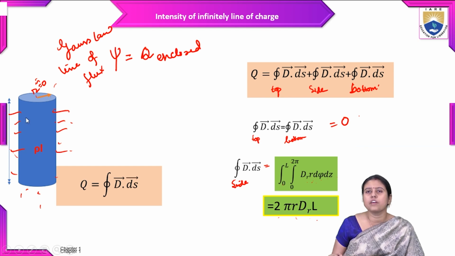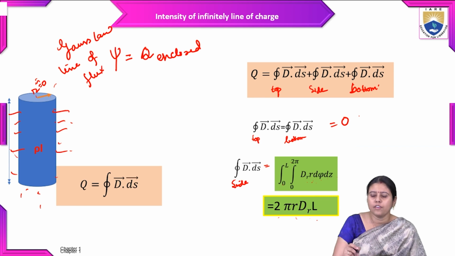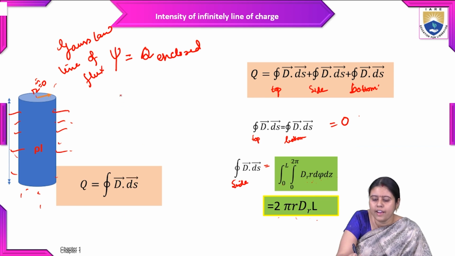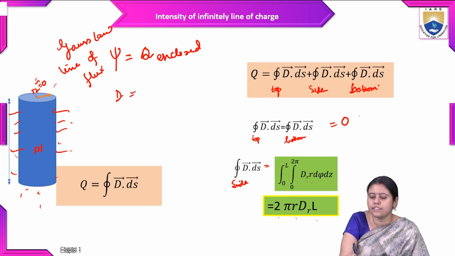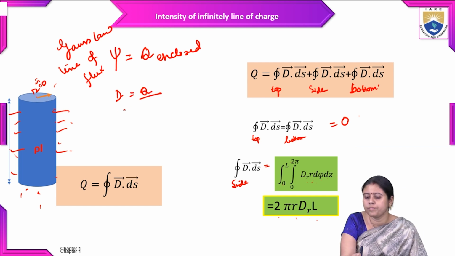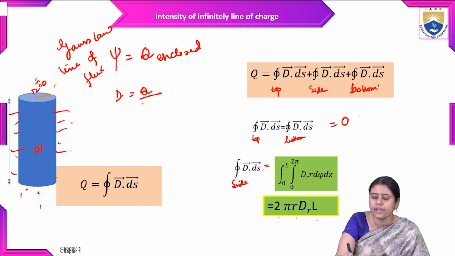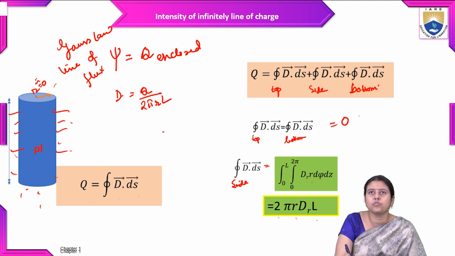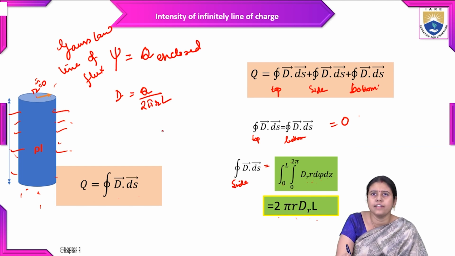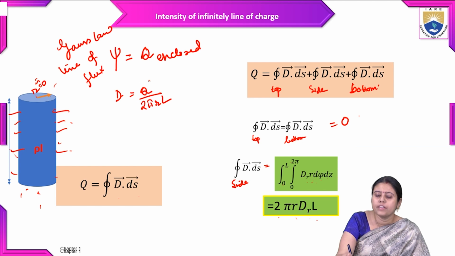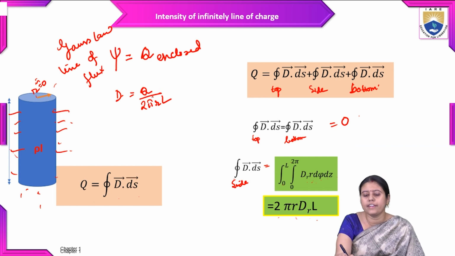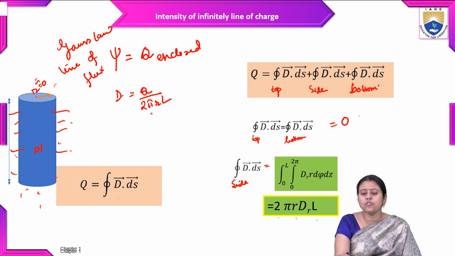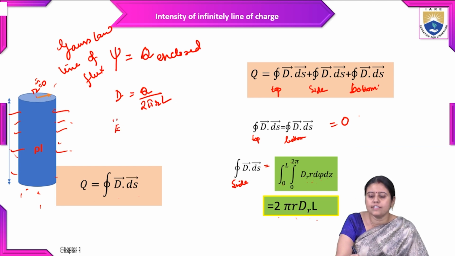So if Q is equal to D 2π r L, we can write the value of D. D is equal to Q by 2π r L, where L is the length. So what is field intensity E?